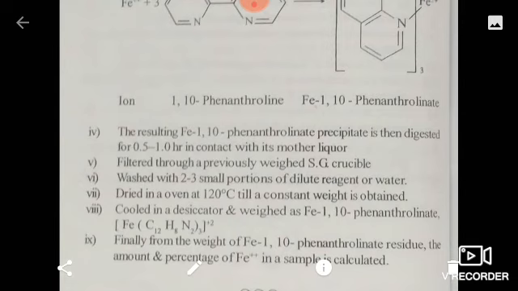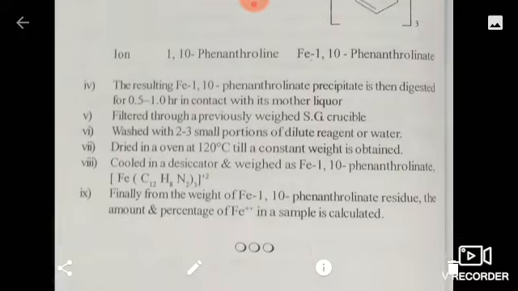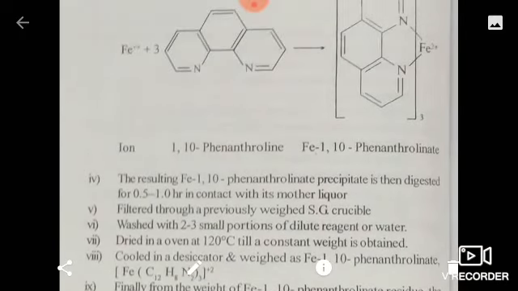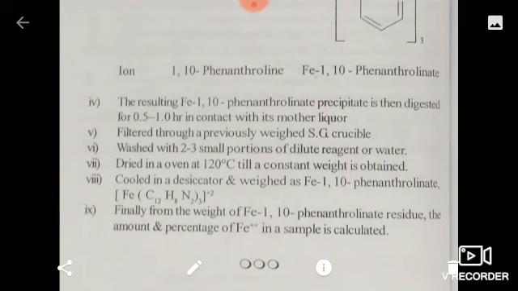Finally from the weight of the Fe 1,10 phenanthroline residue the amount and percentage of Fe2+ in the sample is calculated. So this is about the use of 1,10 phenanthroline in the estimation of the ferrous ion. So this is about the use of different organic and inorganic precipitants for the precipitation or estimation of different types of ions.